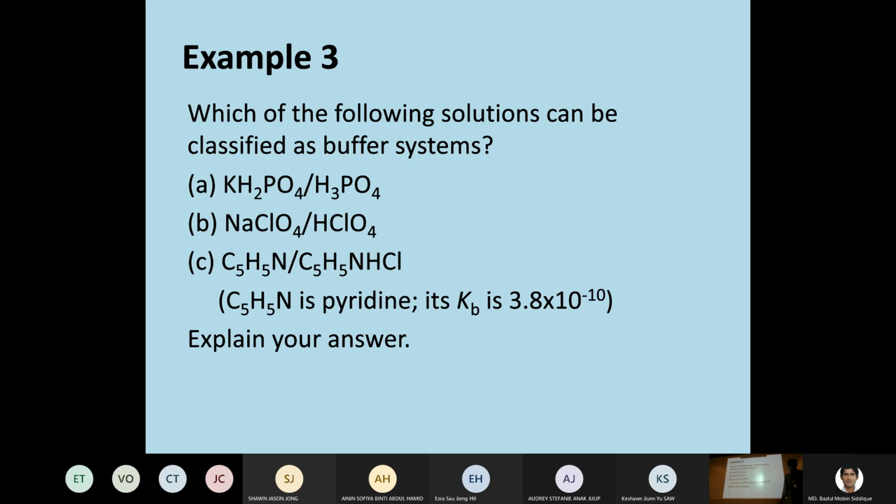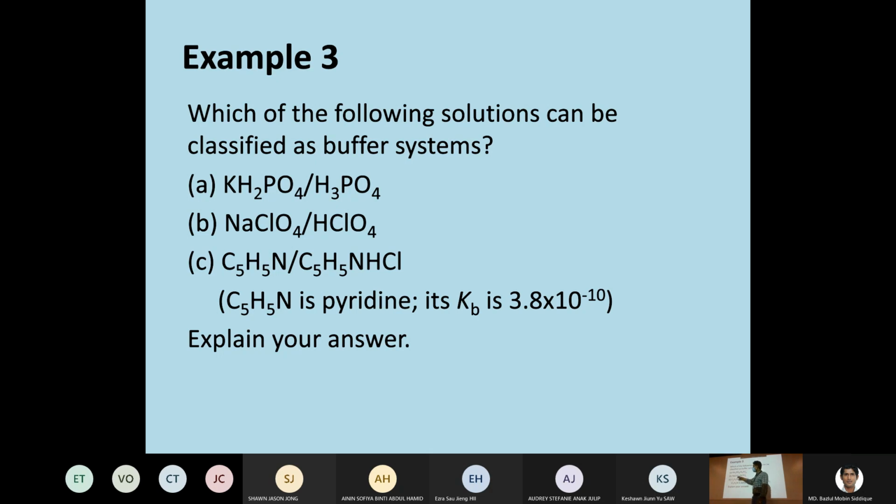I'll just finish after this. So there are a few pairs. It says whether there will be a buffer or not. First is potassium dihydrogen phosphate and phosphoric acid.